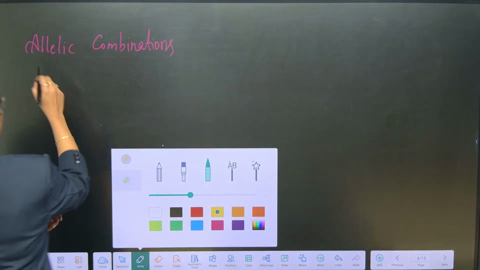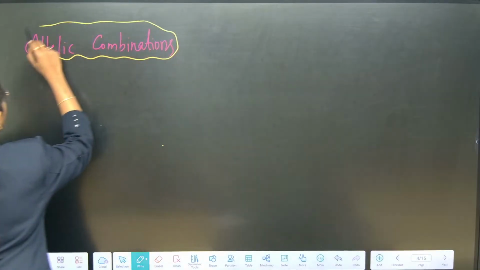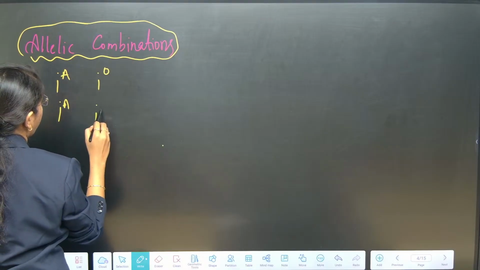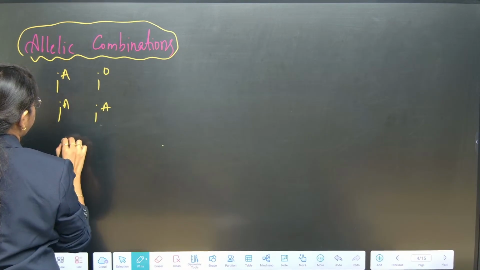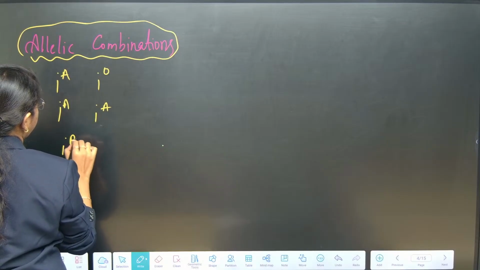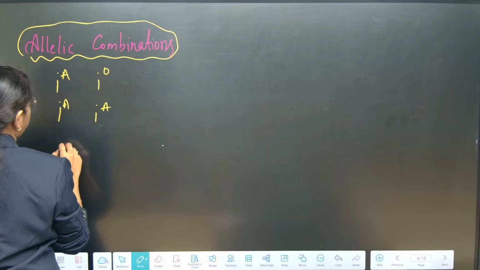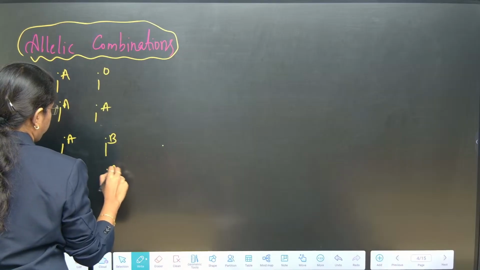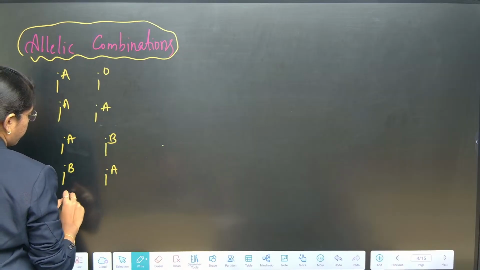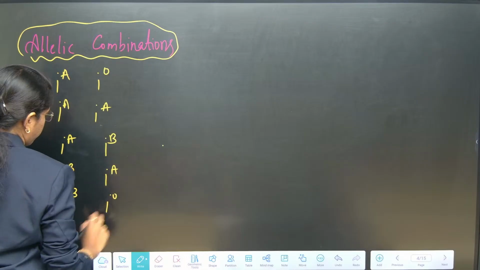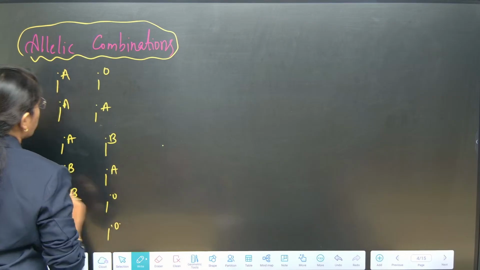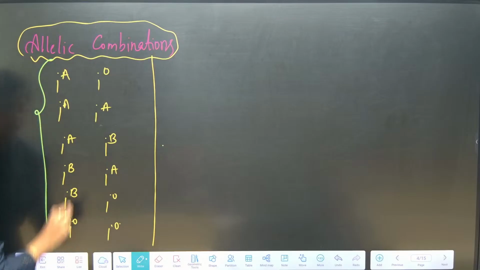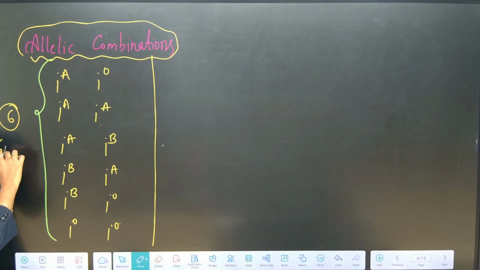All the allelic combinations, if you see, IA IO, IA IA, IA IB, IB IB, IB IO, IO IO, okay. So these are all the allelic combinations. You can see 6 genotypes in total. How many genotypes? 6 genotypes.